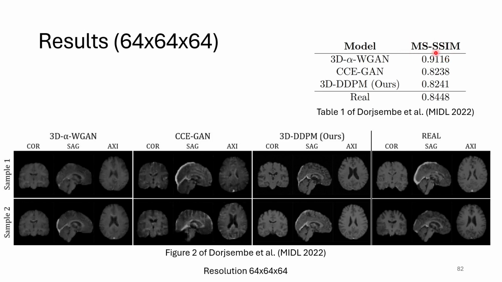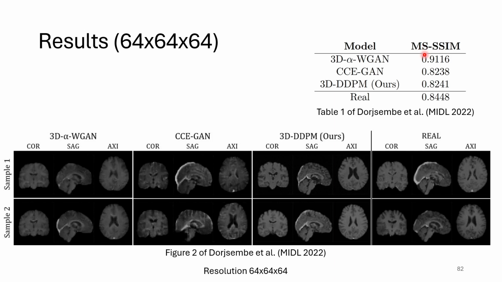So they report this MS-SSIM, and let me explain what this means. Given a set of images, they can generate a lot of images, right? They first compute the average of the set of images as a reference image.